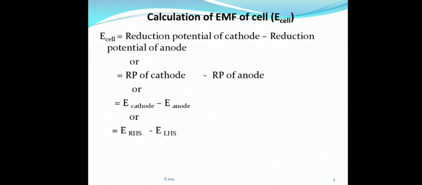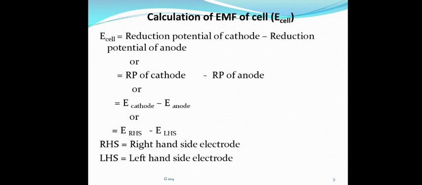Generally in a cell notation, we write the anode on the left hand side and the cathode on the right hand side. That you should remember. That's why E right hand side electrode, that is cathode, minus E left hand side electrode, that is anode. Are you able to follow?